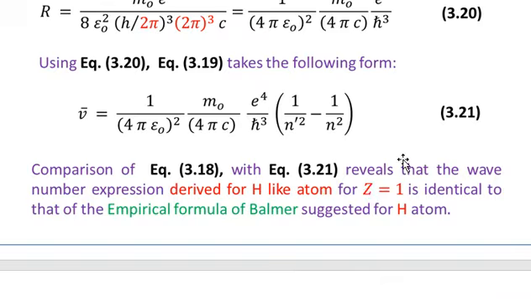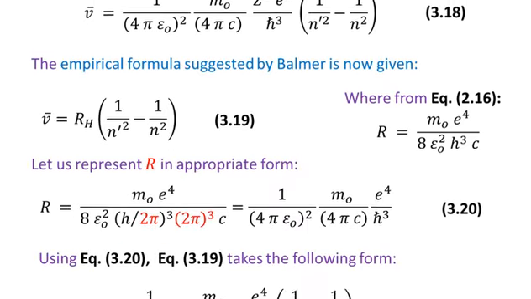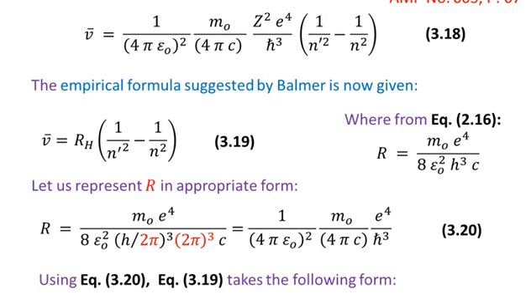Now we have two equations. One is 3.21, which is due to the empirical formula given by Bohr, which explains the Bohr series, and this is the appropriate form of that formula. And the other one, which is shown in equation number 3.18, was obtained using Bohr's atomic model. So you can compare the two results over here, which are quite consistent with each other and exactly the same relationships.